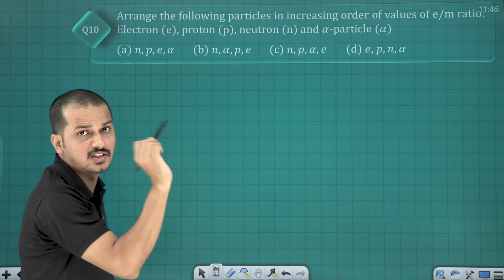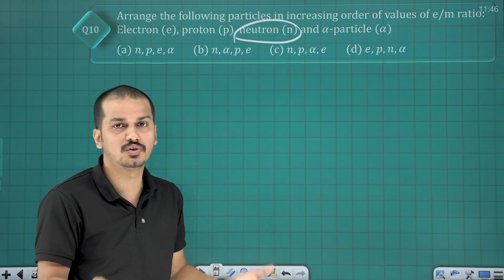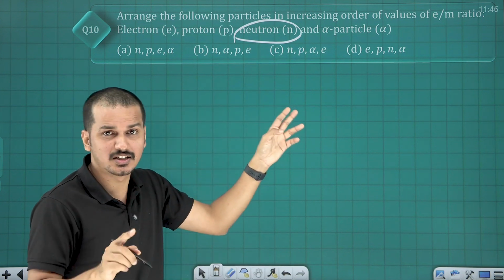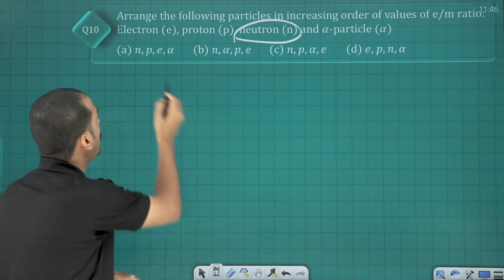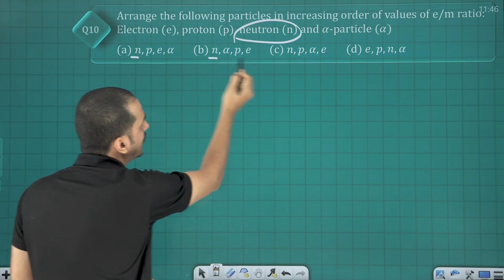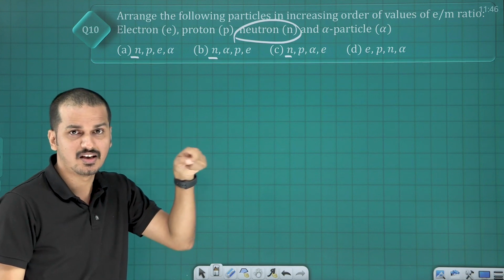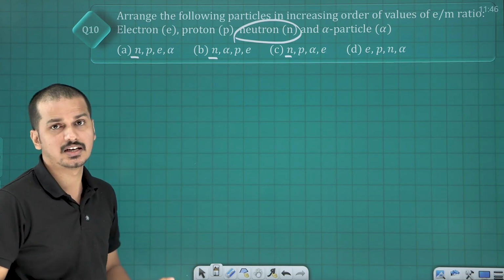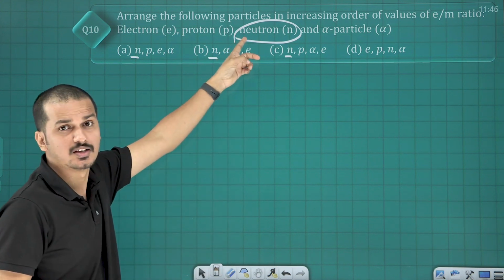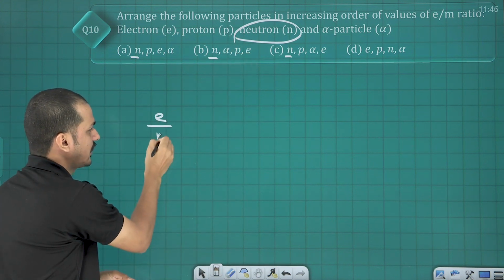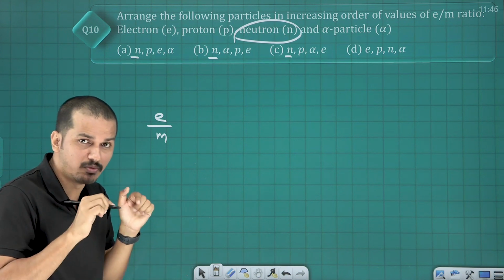What about the specific charge of neutron? Charge by mass is 0, since charge is 0. So the charge by mass ratio is very less for neutron. There are 3 options where it comes first. The charge by mass ratio is more for whichever has very less mass.